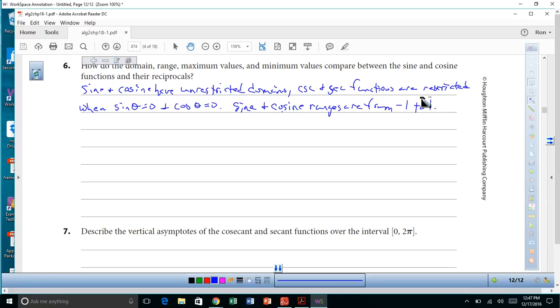Sine and cosine ranges are from -1 to 1. And then cosecant and secant ranges exclude from -1 to 1. That's the only place that they're not at.